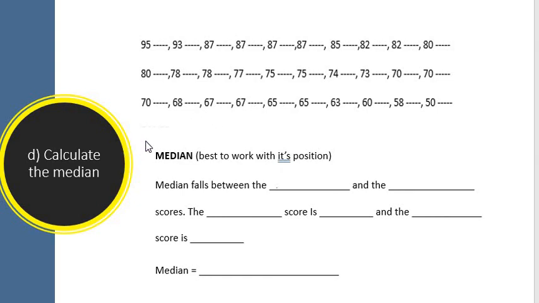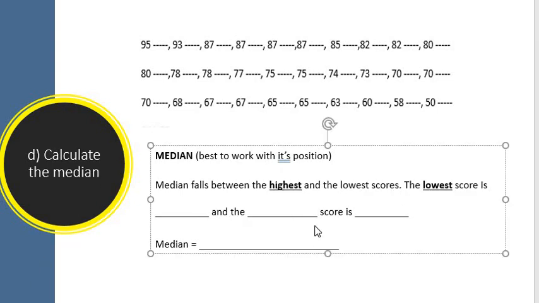So calculate the median. How do we calculate the median? Well, the median falls between what? The median falls between the highest and the lowest score. So let's put that in. As we can see, the median falls between the highest and the lowest scores.